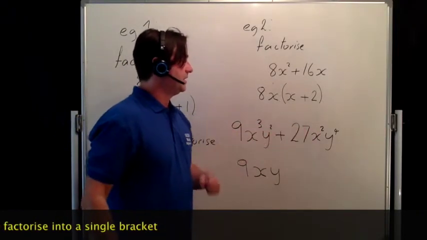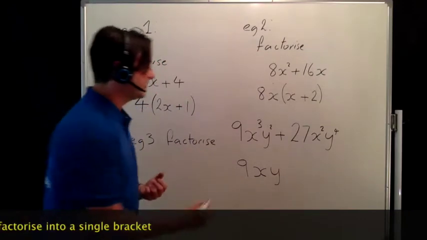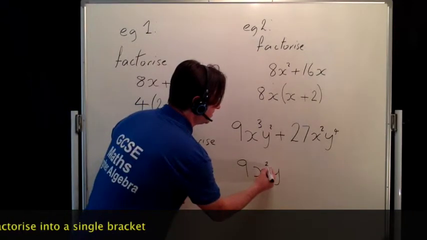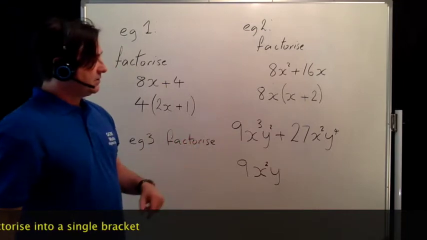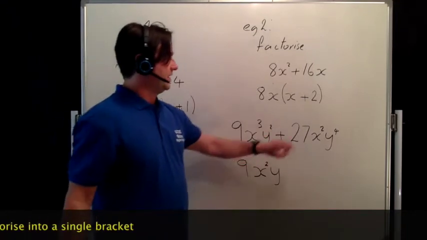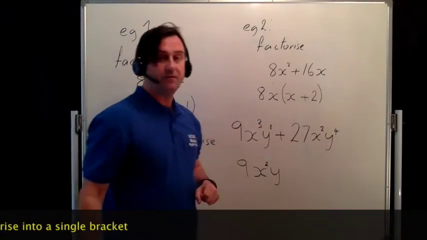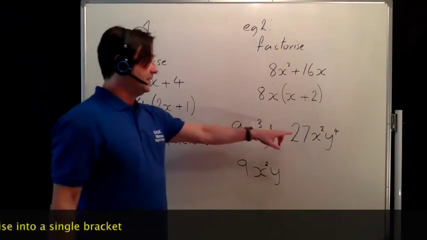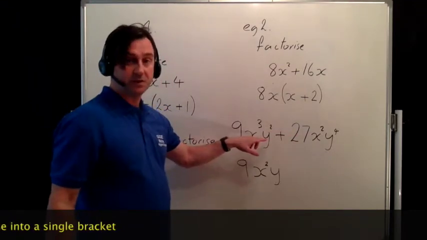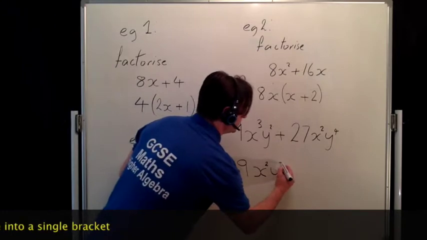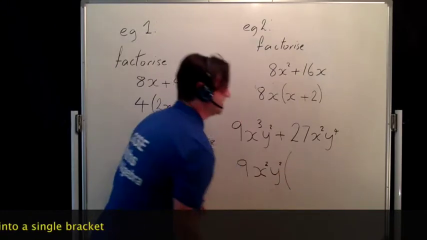X squared is clearly the smallest power, so I can write x squared outside the brackets. Do the same for the y. We've got y squared and y to the power of 4. Y squared is clearly the smallest power, so I write y squared outside my brackets.